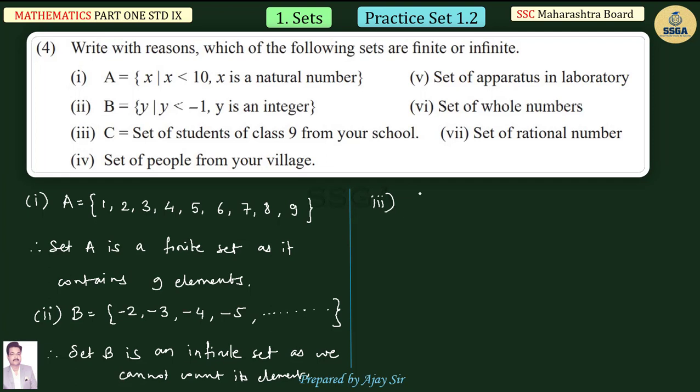Suppose there are 40 students in your class. In a particular school, suppose 1000 students are studying, and in your class 9th standard there are 40 students. So these numbers we can count. Therefore set C is a finite set, as we can count the number of students of standard 9.